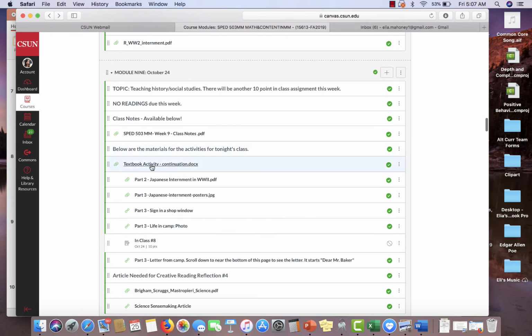Okay, so again, here's the textbook activity that I just opened. And if you notice, part 2 corresponds with part 2 of the textbook activity. And then part 3, these are actually the primary resources that I want you to look at.